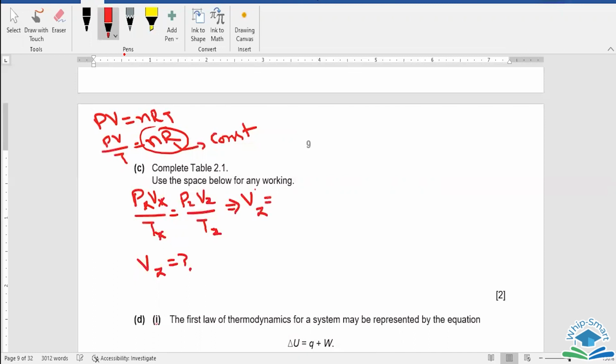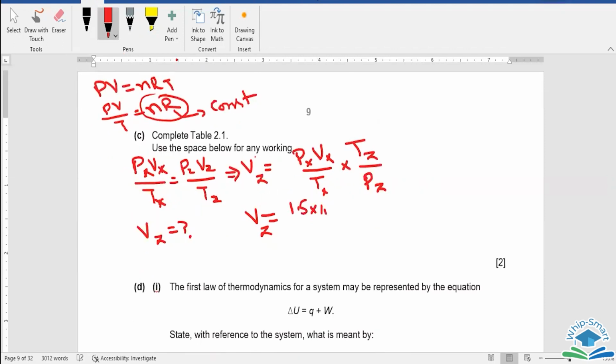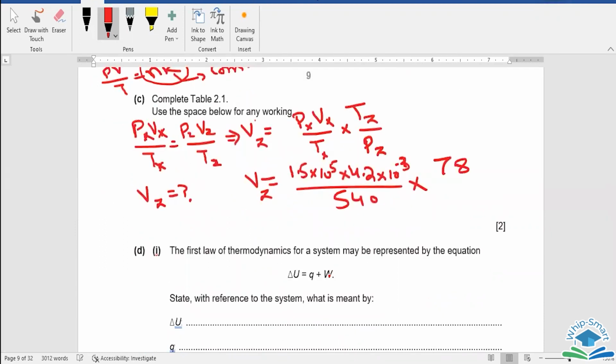Vz will be equal to Px Vx upon Tx into Tz upon Pz. Putting values 1.5 into 10 power 5 into 4.2 into 10 power minus 3 upon 540 into 782 upon 5.1.